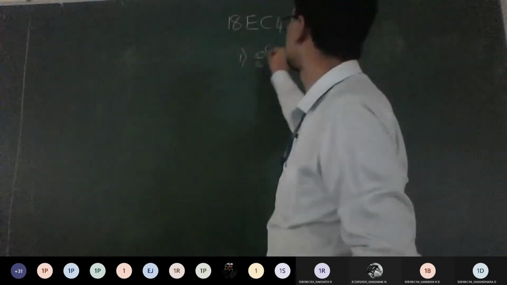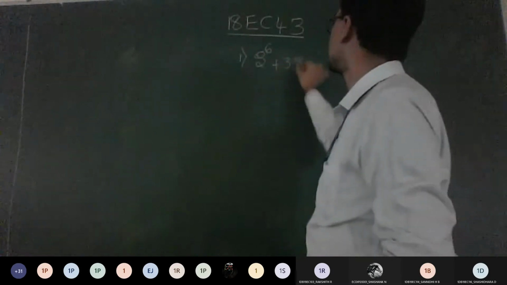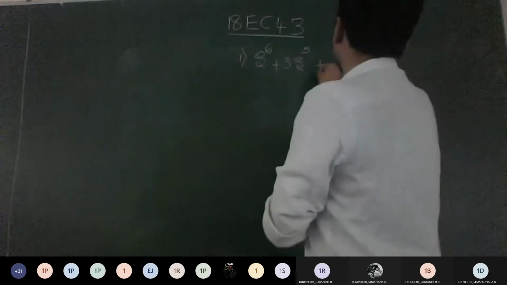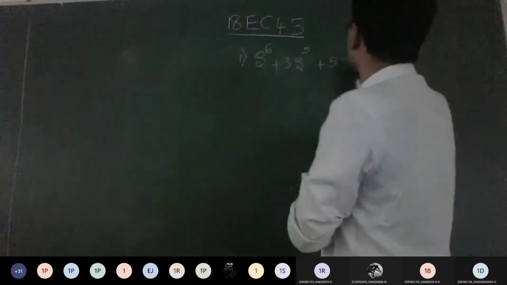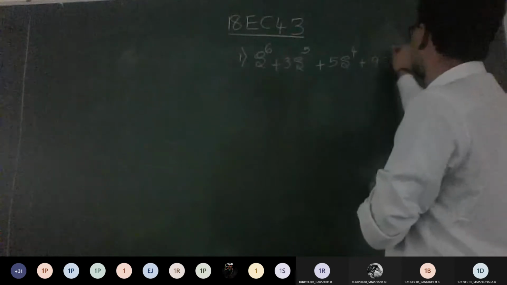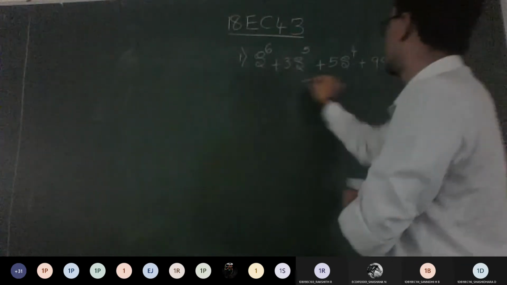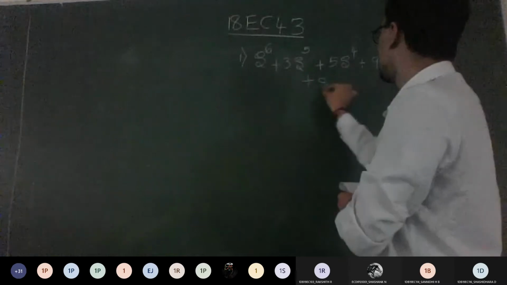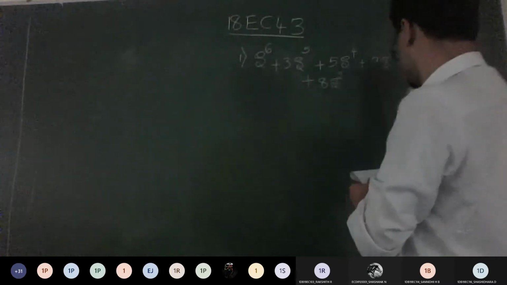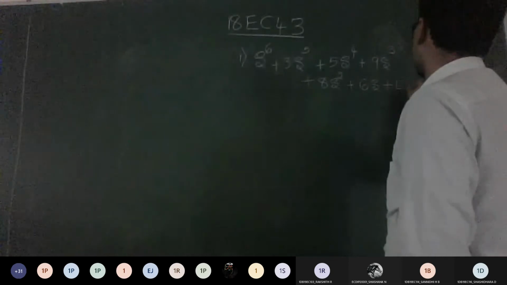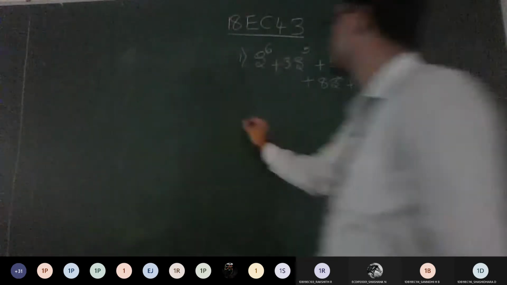Just make a note: S power 6 plus 3 S power 5 plus 5 S power 4 plus 9 S cube plus 8 S square plus 6S plus 4 equal to 0. So this is the first problem.